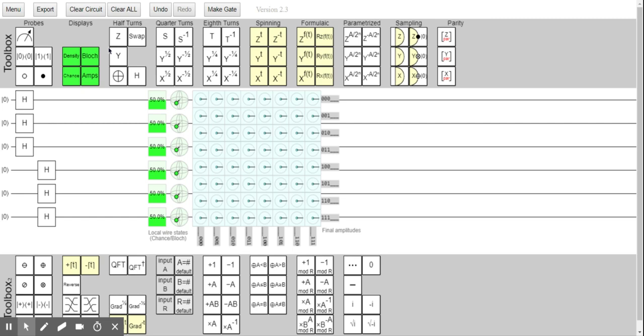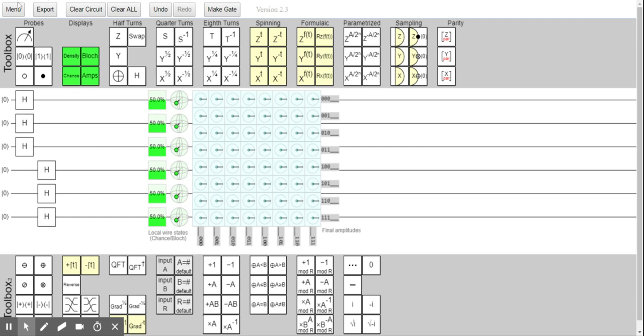Or we want to tie somehow the inputs to the outputs. So what if I would now do the same?